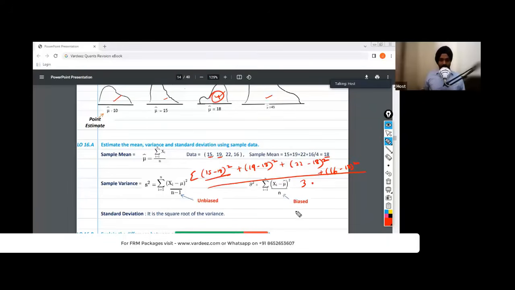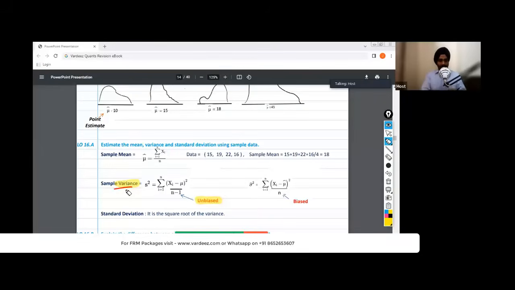Okay, and then if I calculate all these things, I will get my answer, the sample variance. The answer that I'll get is referred to as the unbiased variance.